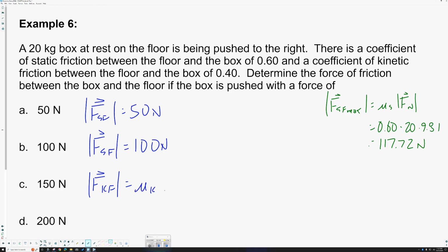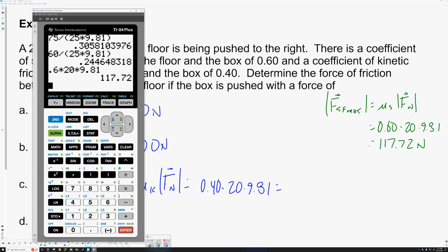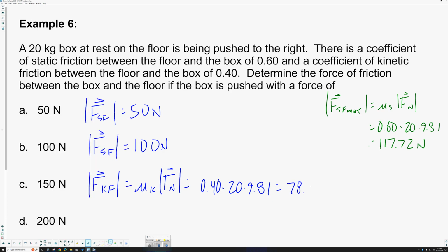Force of kinetic friction is mu times the normal force. So mu k is 0.40 times the normal force of 20 times 9.81. That gives me a value of 78.48. We'll round that to 2 digits.